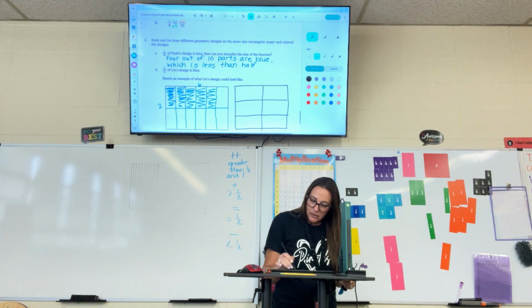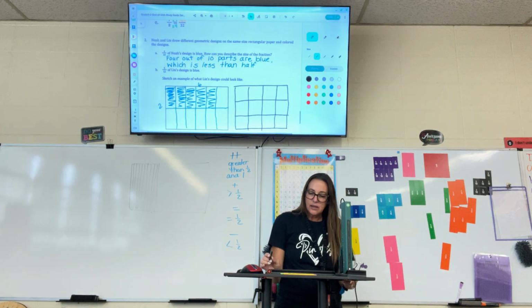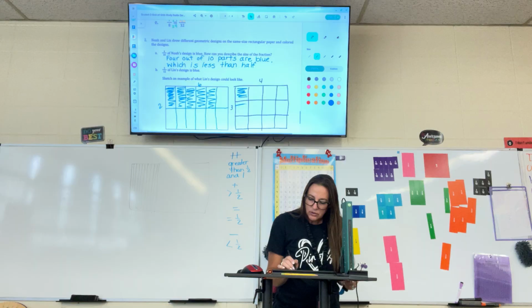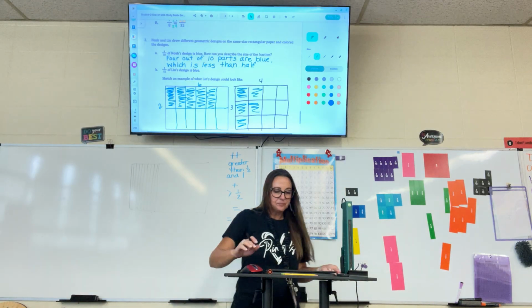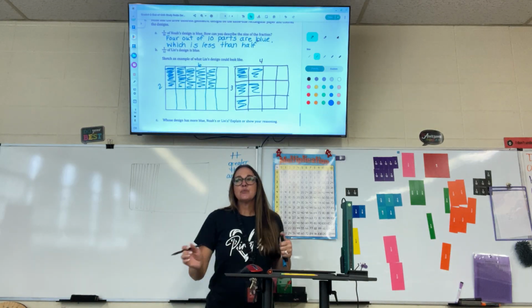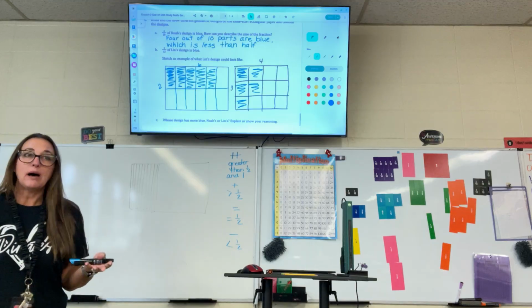Okay, so you could make boxes and just make 4 across, 3 down, and then shade in 1, 2, 3, 4, 5. Okay, so either way would work. It just wants to know that you understand how to show 5/12.